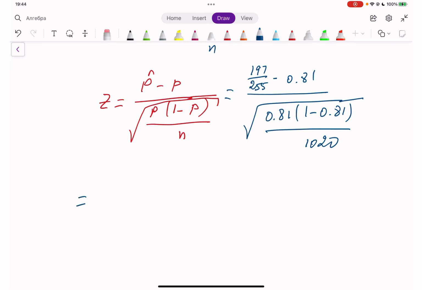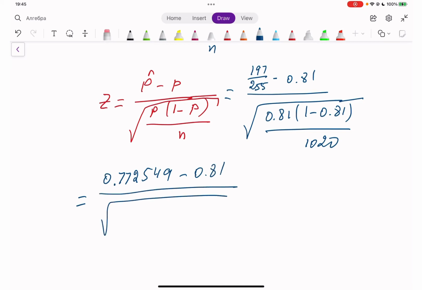So 197 divided by 255, we are getting 0.772549, okay, minus 0.81 dividing by 0.81 times 0.19, right? 1 minus 0.81, and divided by 1020. Okay, on the top it's going to be negative.